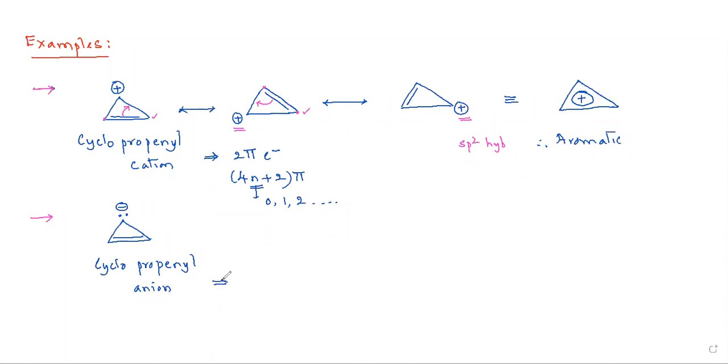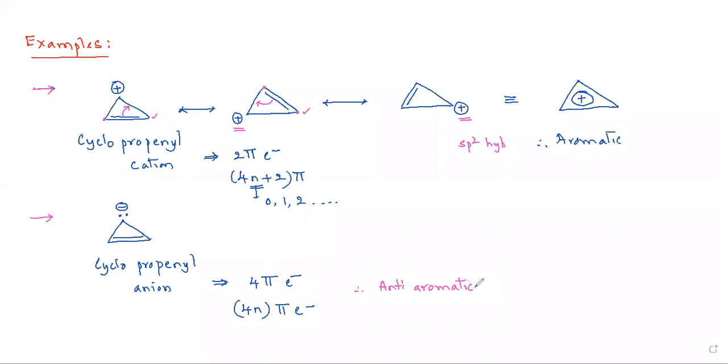Whereas when you go for this, you got just 4n pi electrons. I mean 4 pi electrons, 2 plus 2. So therefore, this is anti-aromatic. Okay. It is cyclic. It is conjugated.